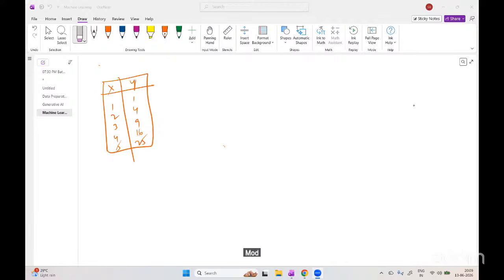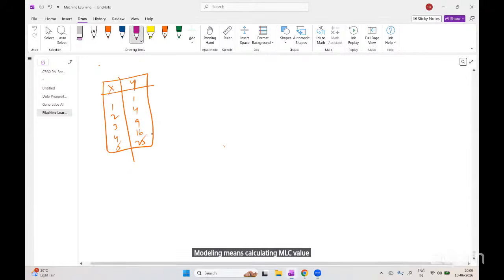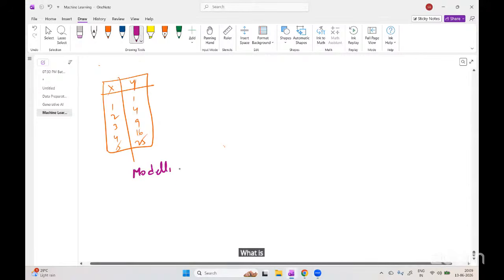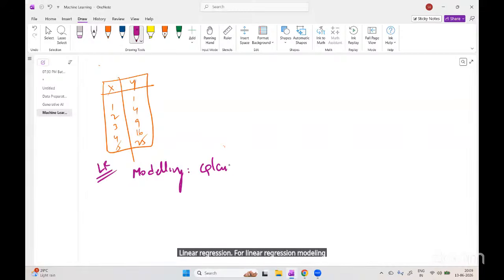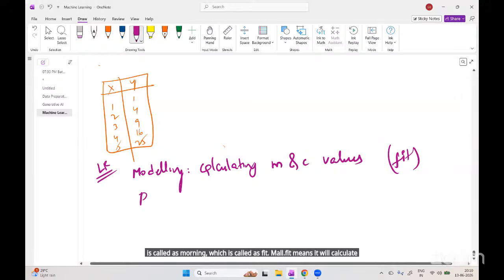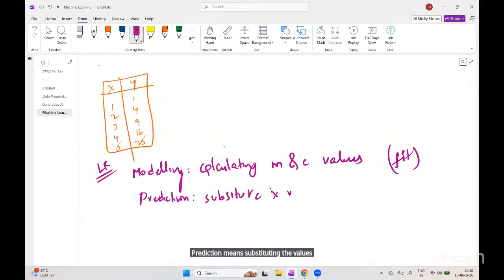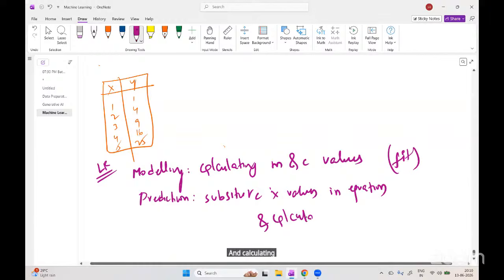Modeling means calculating M and C values. For linear regression, modeling is also called fit. Model.fit will calculate M and C. Prediction means substituting the X values in the equation and calculating Y hat.